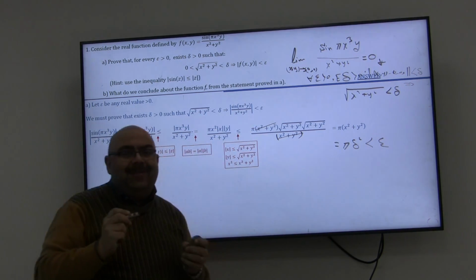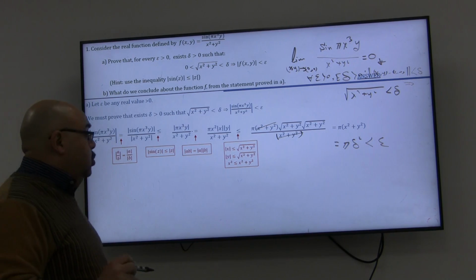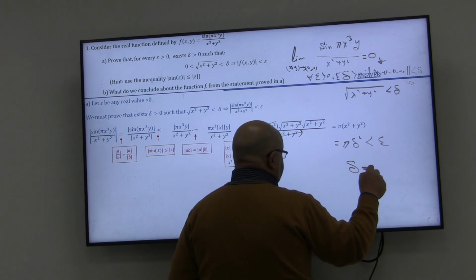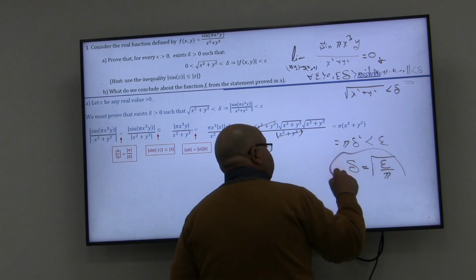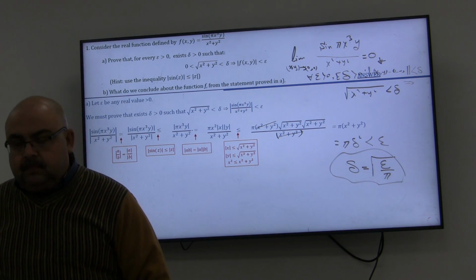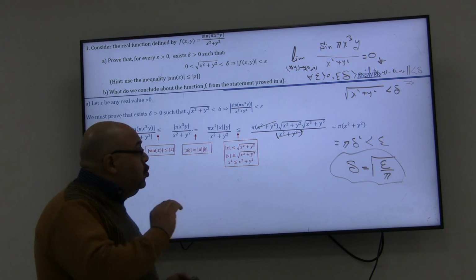And here is the relation, or the condition, connecting delta and epsilon together. That's delta equal to the root of epsilon over pi. That's the condition that will deliver that limit. So you can see it's really very important to go step by step.